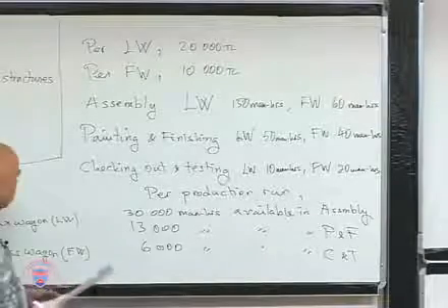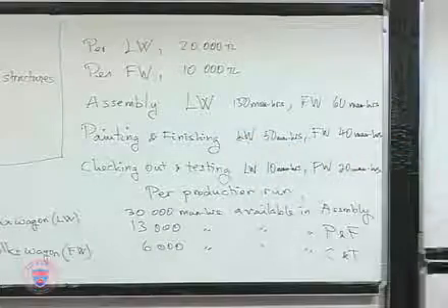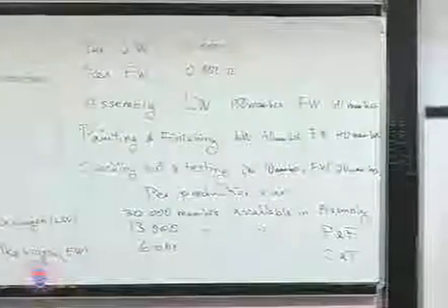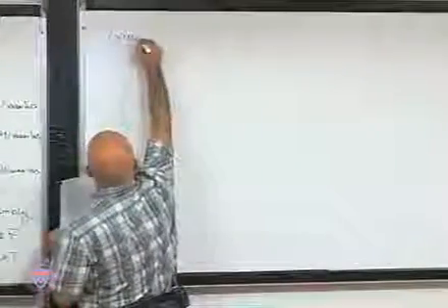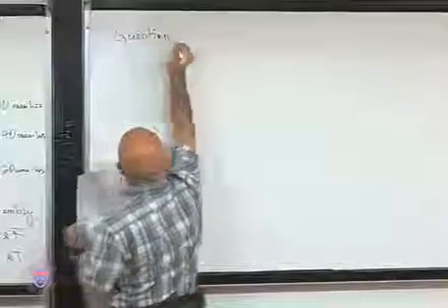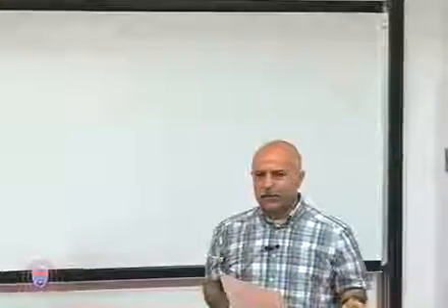So, the main question is, how many of each car type should we be producing per production run to maximize the profit while, of course, obeying all these conditions imposed on us?